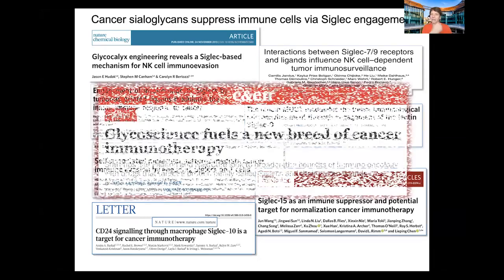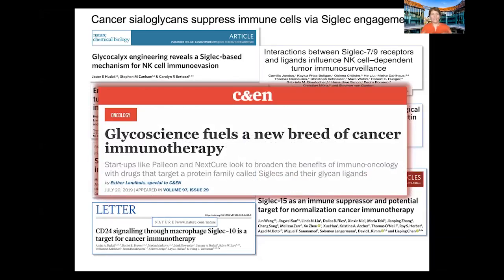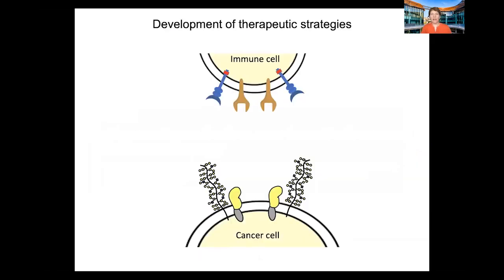And if you're interested in a perspective on what's happened in this field, I thought C&EN News did a really nice job with this article in 2019, labeling Glycoscience as a fuel for a new breed of cancer immune therapies. So in recent years, we've been focusing on how would you make a therapeutic molecule that broke up the interaction between the Siglecs and their sialoglycans. So therapeutic strategies is now the focus of our lab.